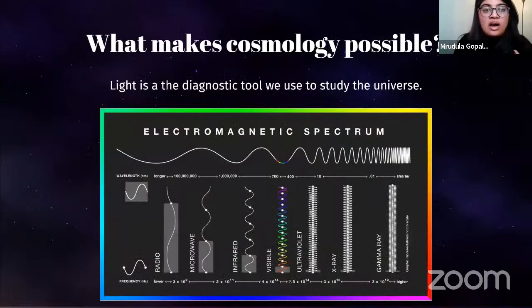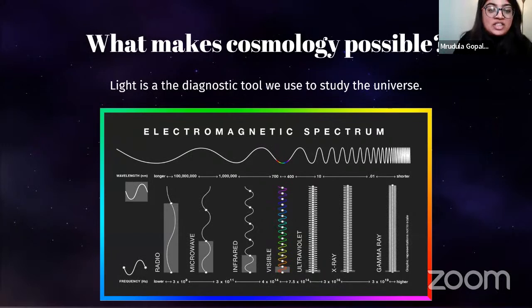So what makes cosmology possible? We are talking about how we want to study the universe as a whole, so I want to go over what even makes cosmology possible. To do cosmology, we use light as a diagnostic tool. And when I say light, we are usually used to thinking about light as visible light that allows us to see.